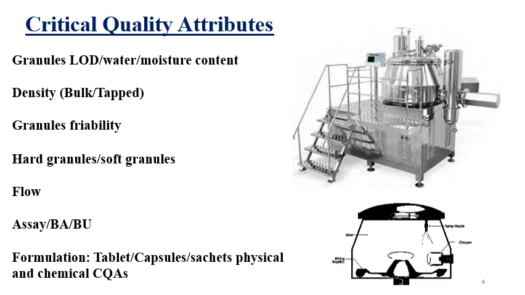Also, it affects assay, uniformity of the dosage units, content uniformity, and the other attributes like appearance, and also the granulation affects the compression process parameters. Similarly, the process parameters affect capsule formulations, sachet formulations, CQAs.